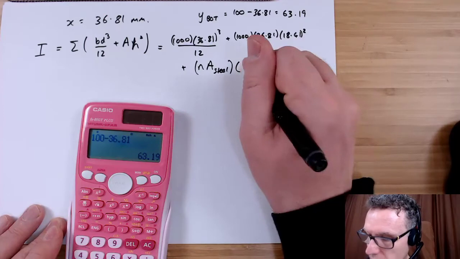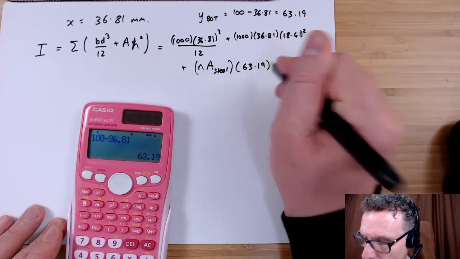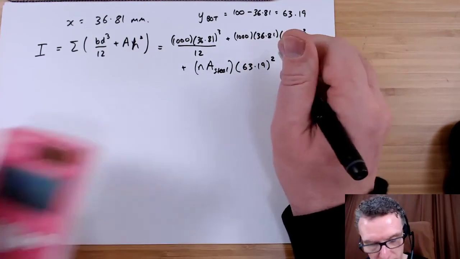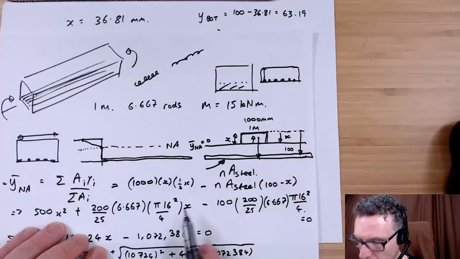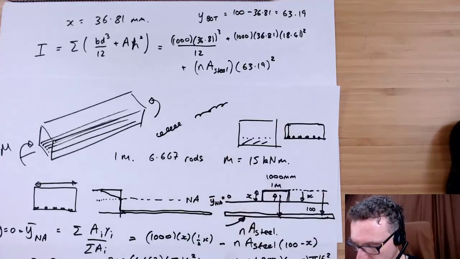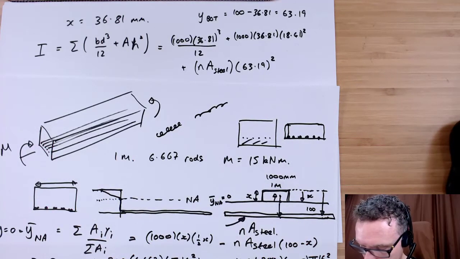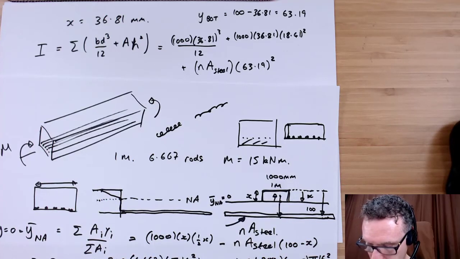Right, so that is 63.19 squared. And this number here is this value here, so it's that value there.